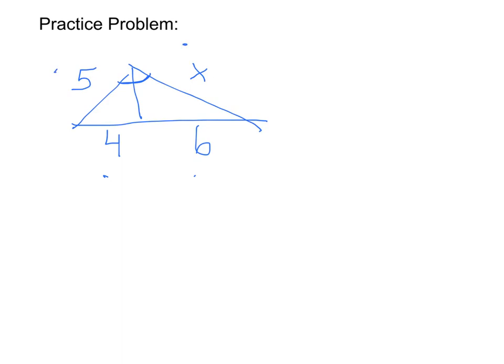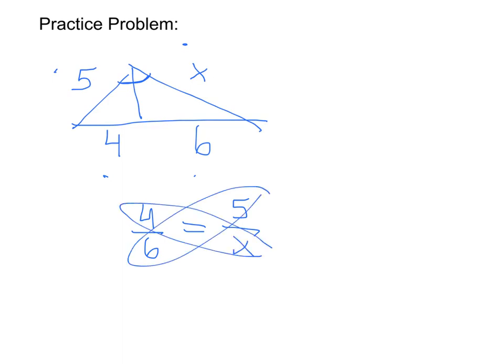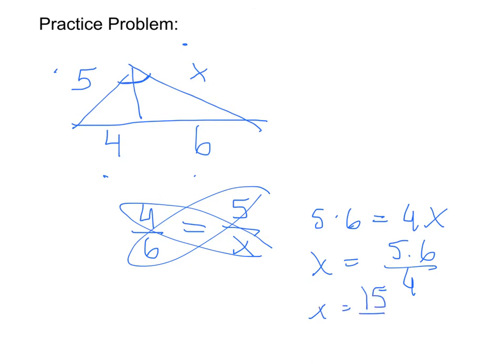So if the ratio is 4 to 6, we can set that equal to 5 over x. And we can do our Jimmy Neutron method, bringing over the numerators. So we get 5 times 6 equals 4x. We can divide by 4, and switch around our sides to make it easier. And then we come out with 15 over 2, or 7.5.